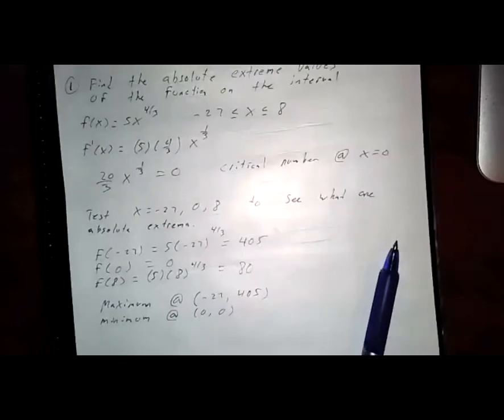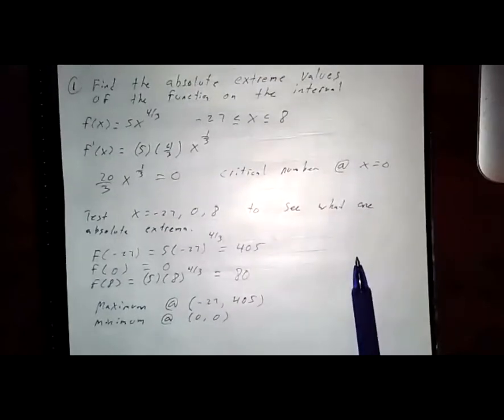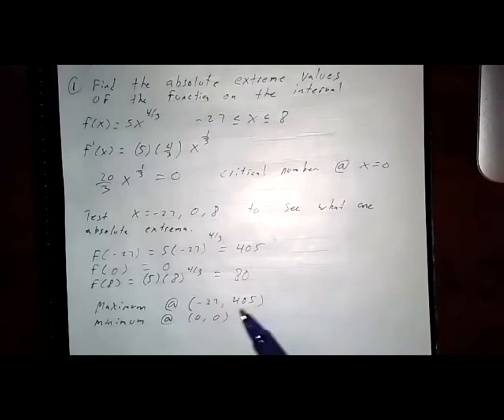I'm just curious why 0 isn't included before. Maximum meaning the highest point of the y value, right? So -27 gives you the highest output. Right, so this is the location of the peak, -27, 405. Okay, that makes sense.